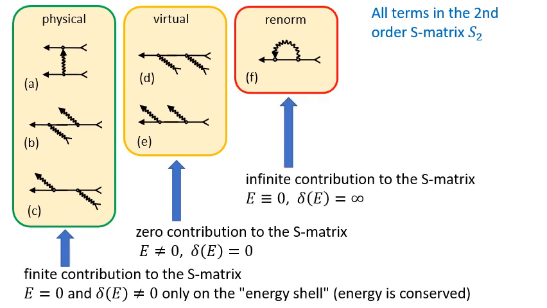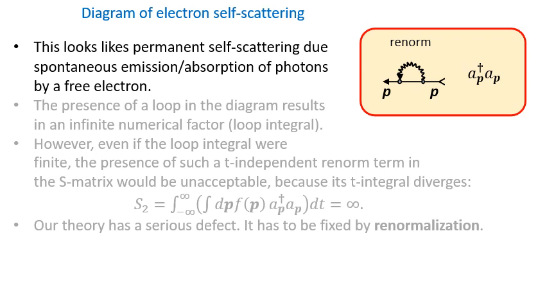There is also one renorm term whose energy function vanishes for all values of momenta. The delta function is infinite, so the S-matrix contribution is infinite as well. As we already mentioned, this contribution can be interpreted as a result of the electron emitting and immediately absorbing a photon.